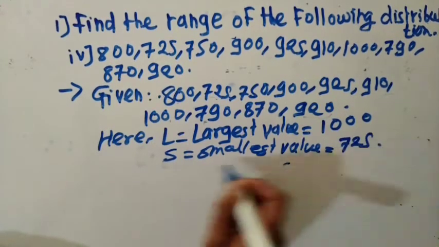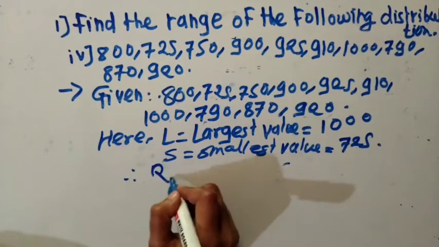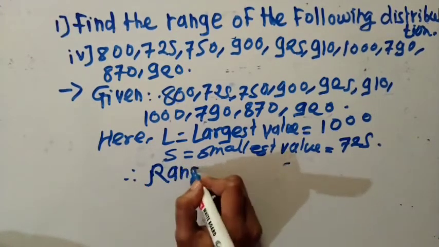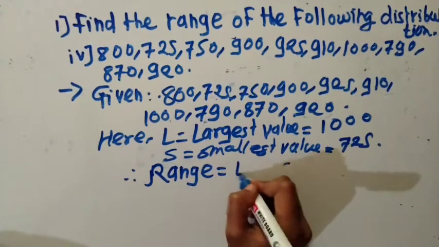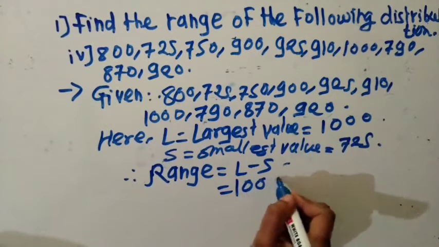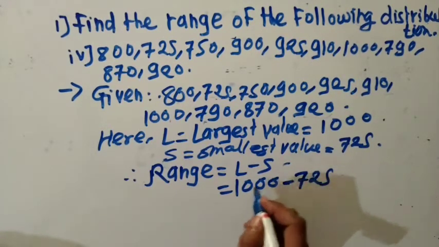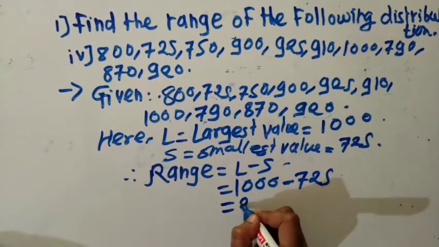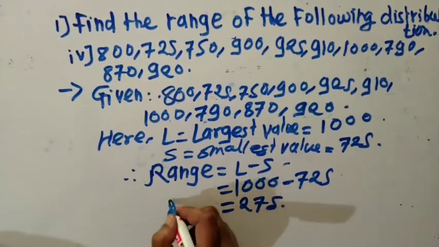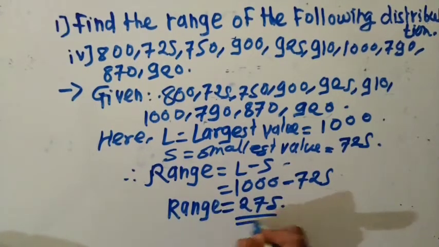So here range is equal to L minus S. So 1000 minus 25 is equal to 975. Hence range is equal to 975.